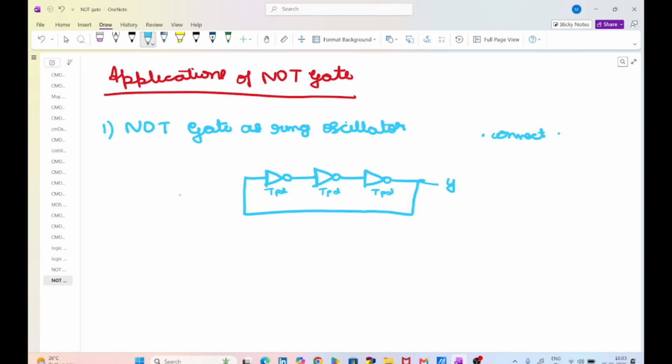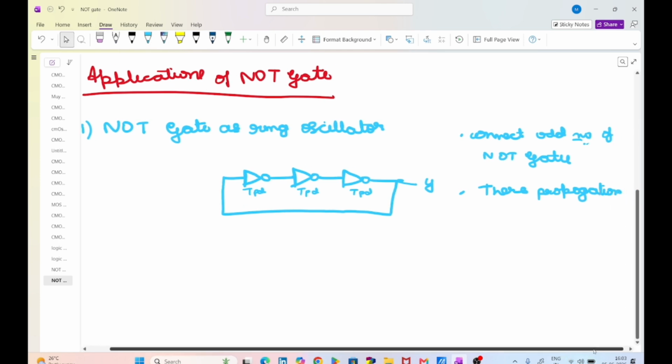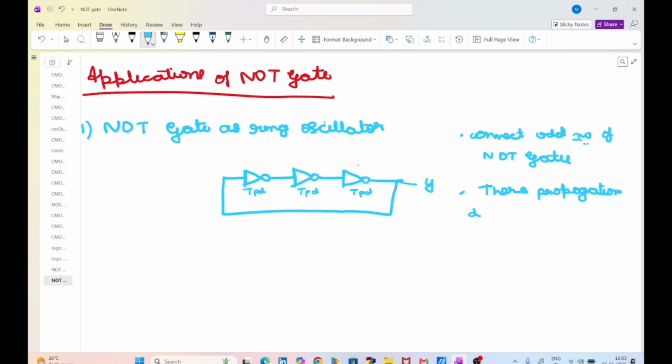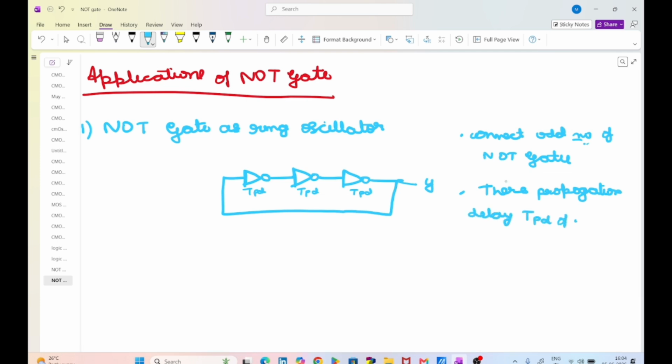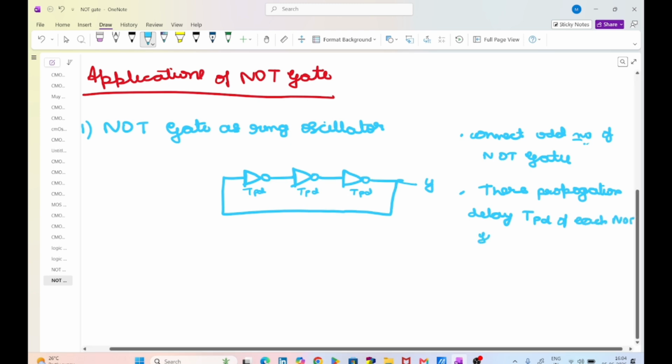Read this: connect an odd number of NOT gates, and the second one is their propagation delay, the TPD of each NOT gate.